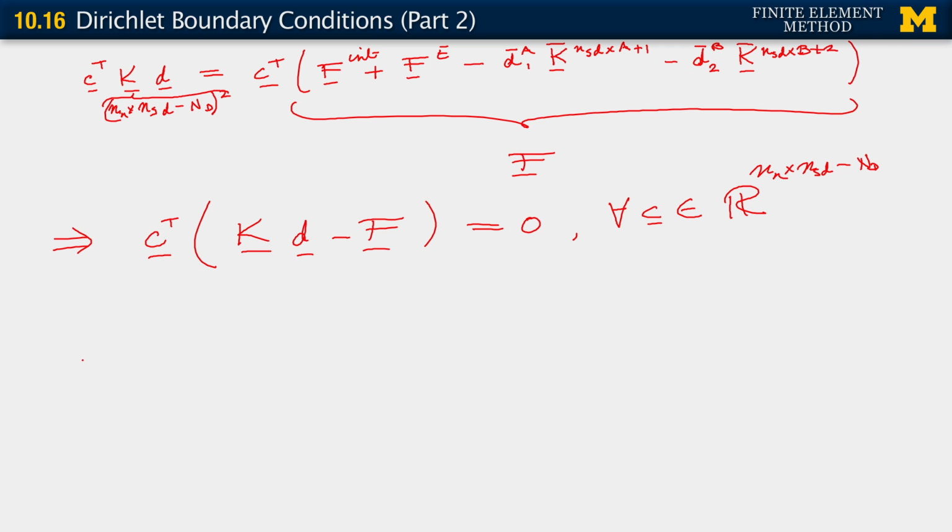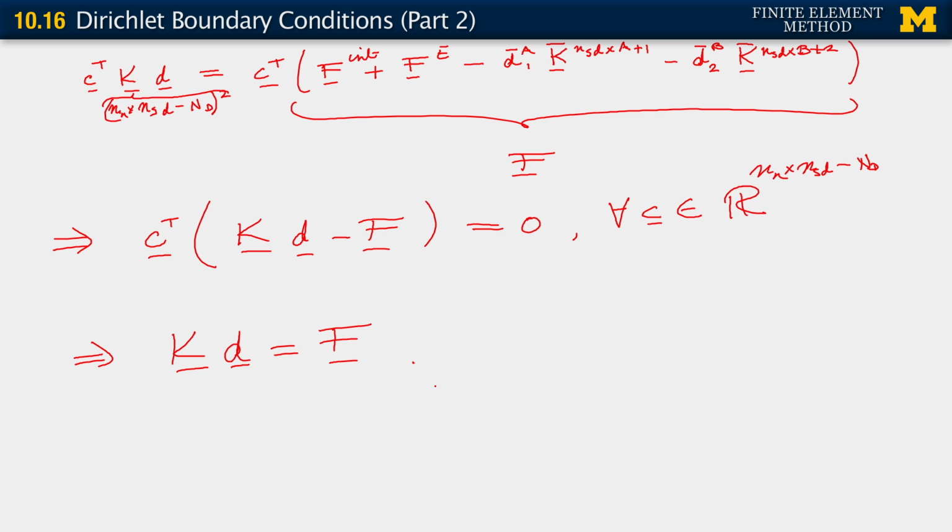Which implies finally that we get back the same matrix vector form of the equations we know, Kd equals F, and we solve this for d, which will give us our global displacement vector.